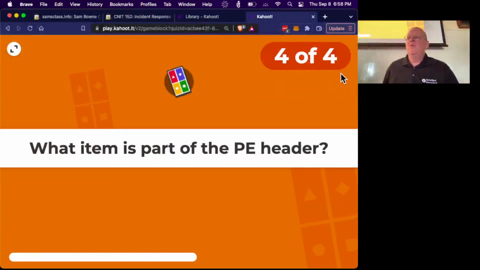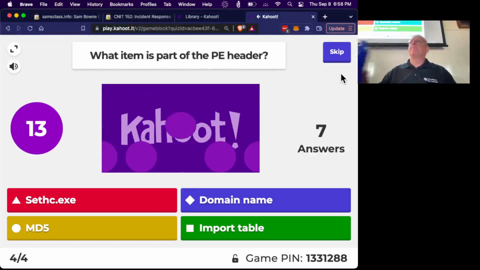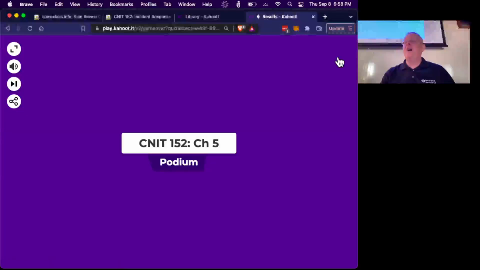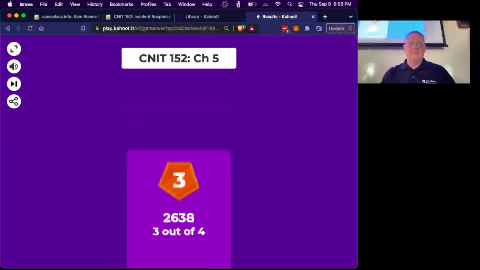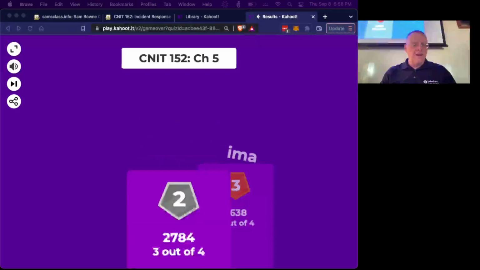All right, so which one of these is in the PE header? The import table lists all the library functions that that file needs. All right, good.